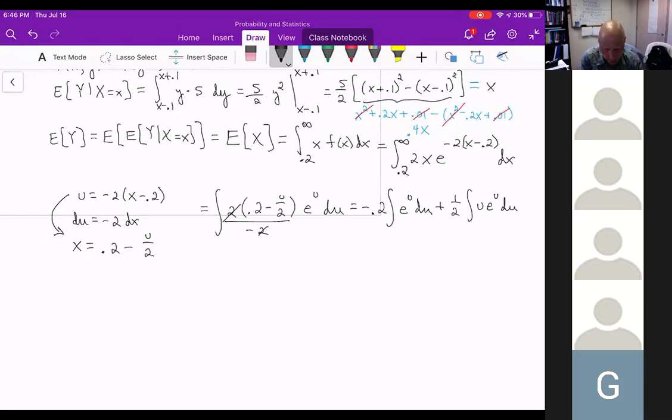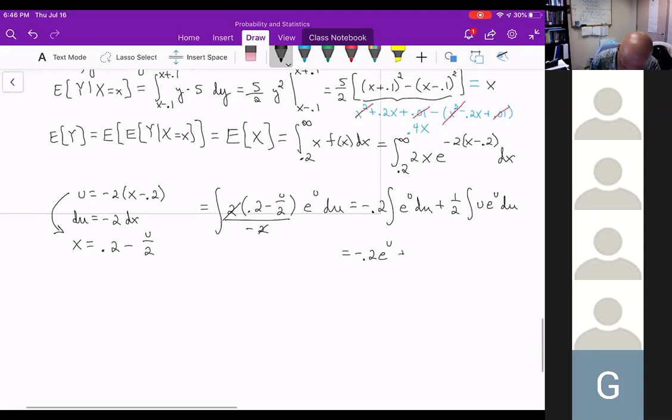When you multiply through, you have a -0.2 and a plus u over 2. I distributed the integral sign and I brought my constants out just to beautify what we actually want to evaluate here. And so you have a -0.2 times the e to the u, which is next to the du, and you have a positive u over 2 e to the u. And so that's where I get the u e to the u du for the second integral. First integral is direct, it's a fundamental integral. And so that is going to give me -0.2 e to the u.